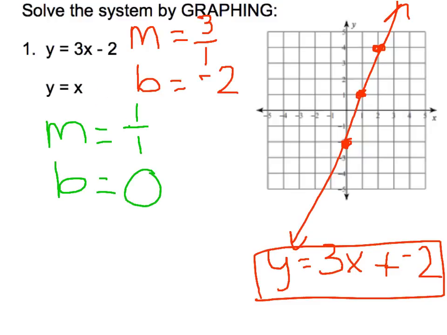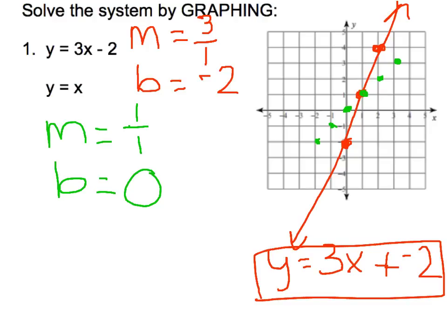So I'm going to graph starting at 0. That's my y-intercept. And I'm going to use my slope, 1 over 1, to get some points on my line. If I go up 1 and right 1, you can see I've got an intersection point right there. I'm going to continue to plot a few more points. I can also go down 1 and left 1 to get some points to the left of the y-intercept. Again, you're going to grab a straight edge.